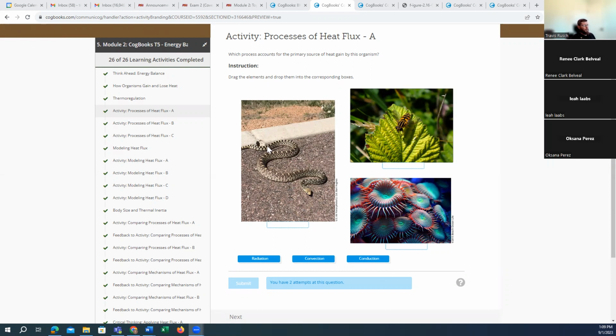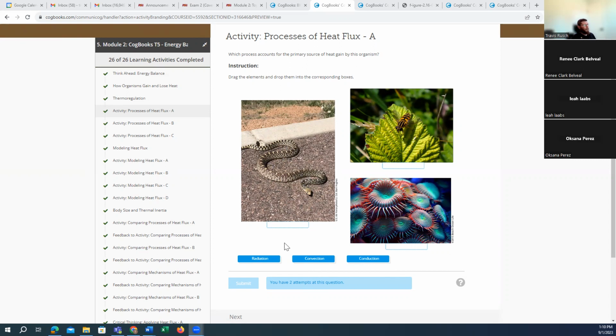So for this first one, we have the snake here. About maybe a third to half of its body is exposed to radiation, so that seems like a good choice. But also on the bottom, there's a third to half of the body in contact with the ground, so conduction is a possible good choice. And convection is contact with some sort of fluid, like the wind blowing or water.